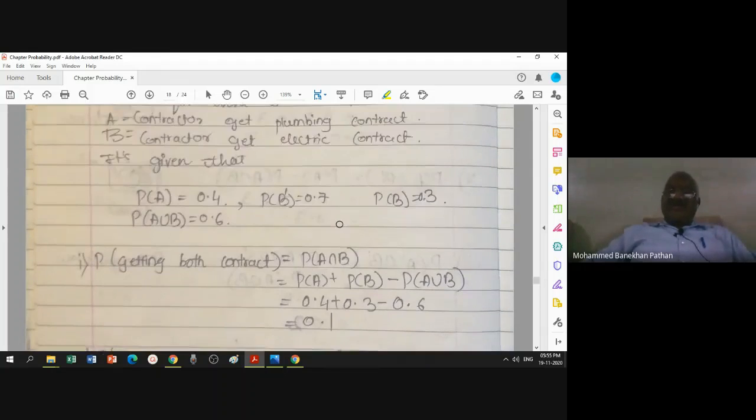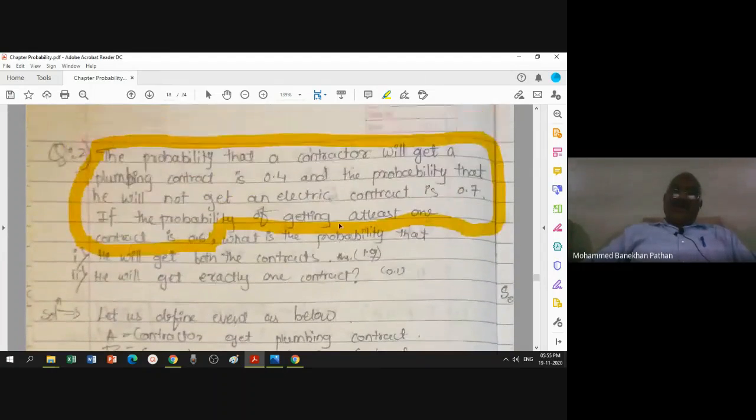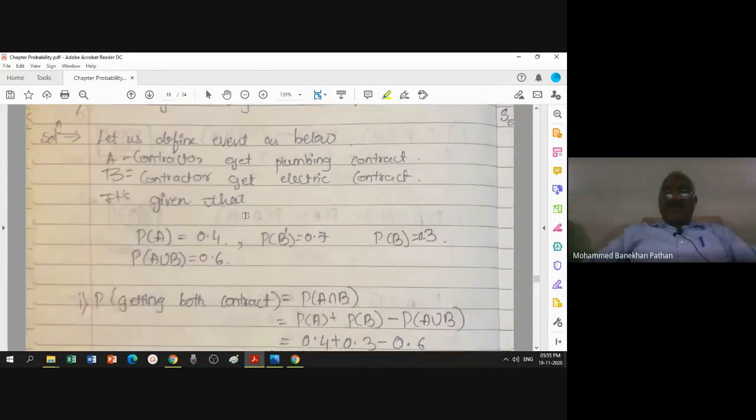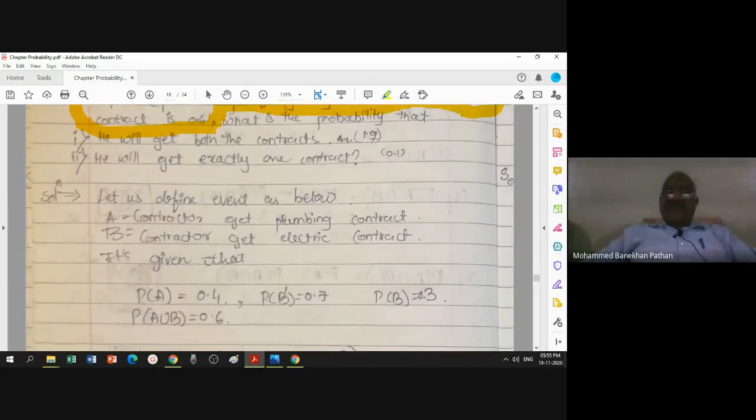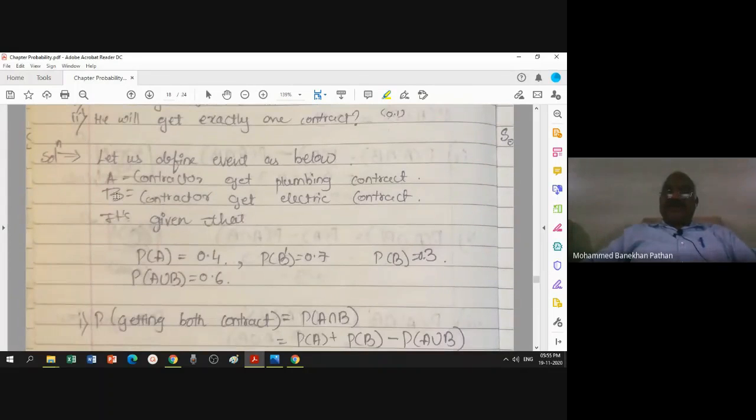So you can understand now, if such a question comes, your step is to transfer this information into the notational form by looking at how many pieces of information there are. If information is for two things, define two events. If information is for three things, define three events, and so on.